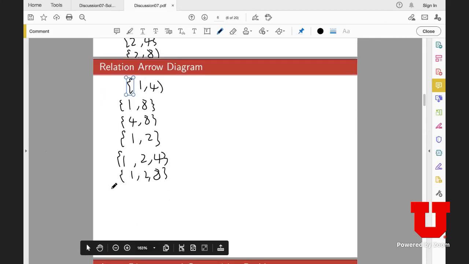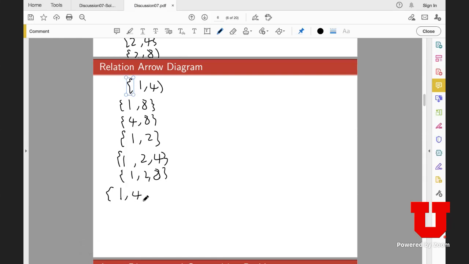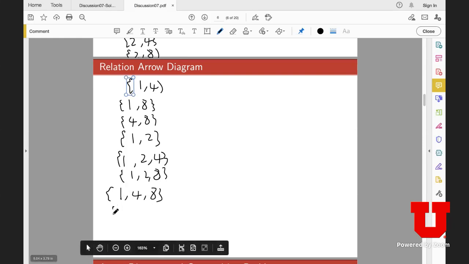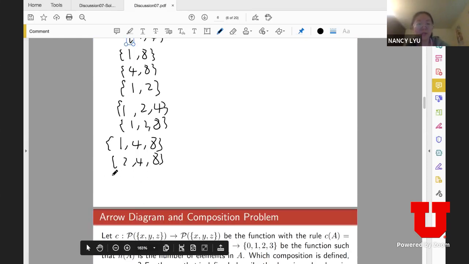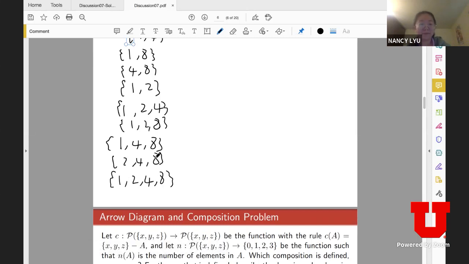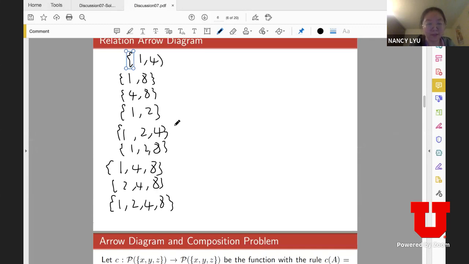And {2, 4, 8}. And the last one is {1, 2, 4, 8}. It should be right. Make sure I didn't miss anything.